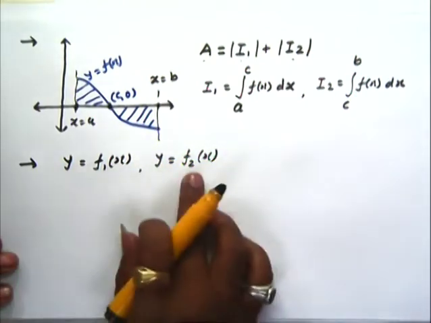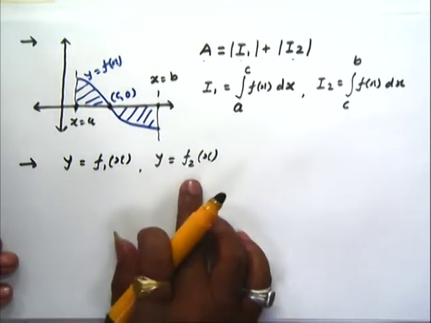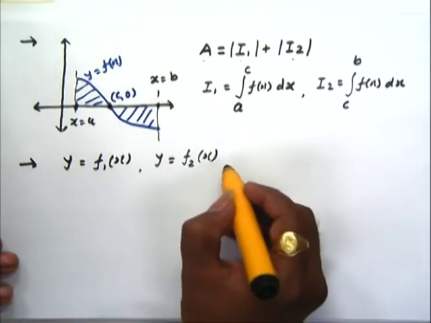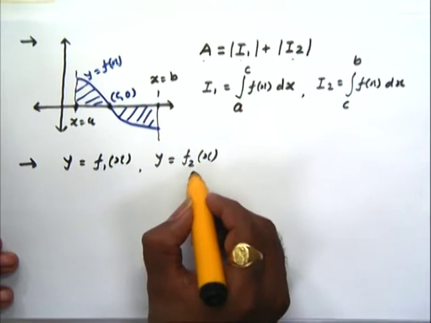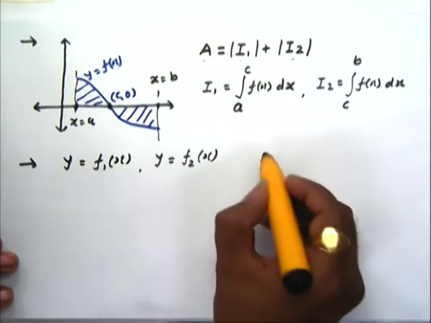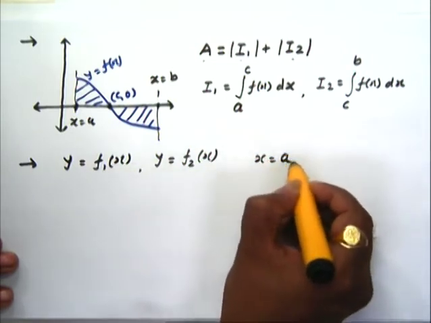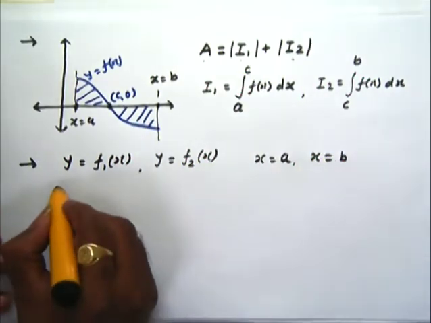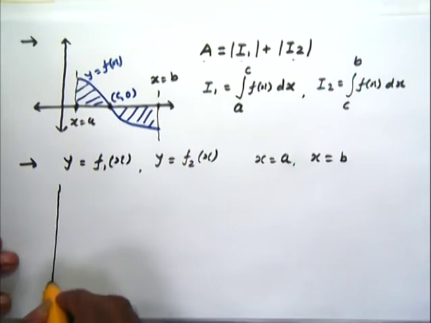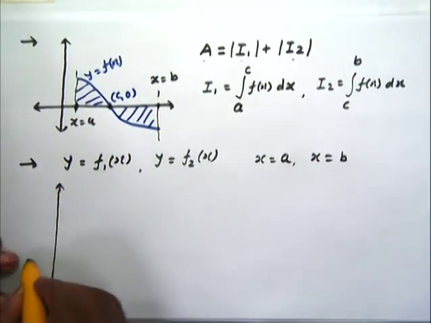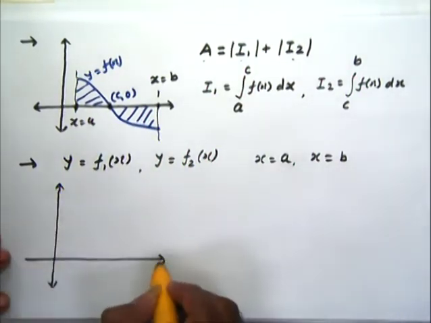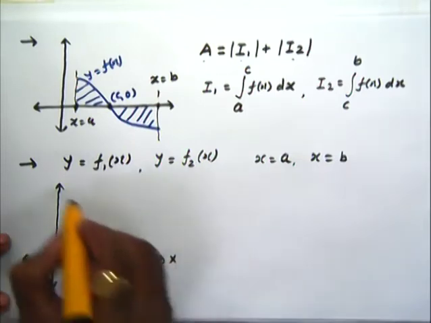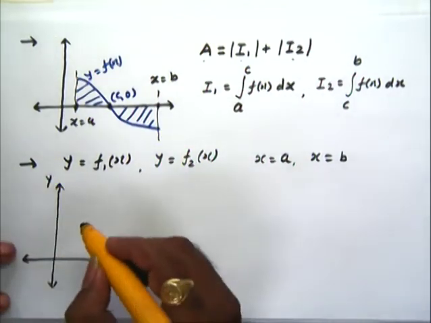Suppose we want to find the area between these two curves, and suppose these two curves intersect each other at x equal to a and x equal to b. Let's understand these things by a figure. This is x-axis, this is y-axis.